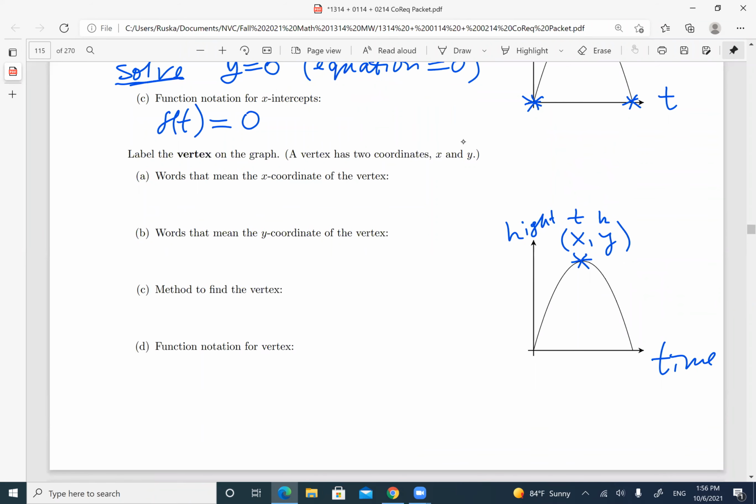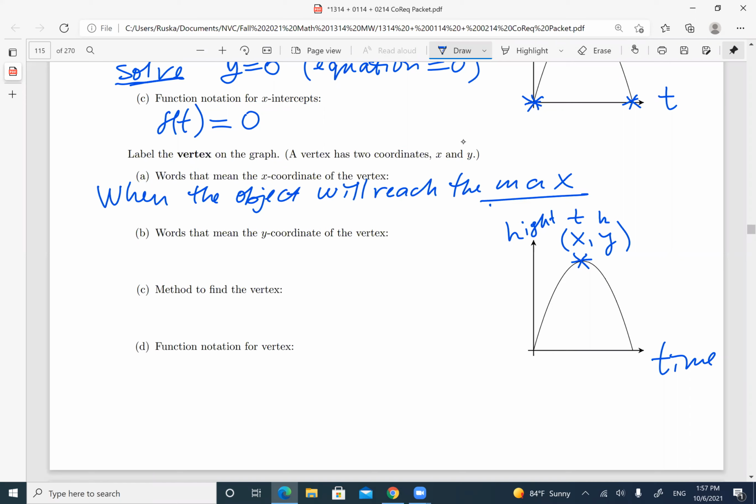When they're asking you to find the first coordinate of the vertex, what are they going to ask you to do? They're going to ask you to find when the ball or the object is going to reach the maximum point, right? So the question is going to be when the object will reach the maximum. So the vertex is always related to the maximum, but they're going to ask you two things. They're going to ask you when, and for the y coordinate, what is the maximum?